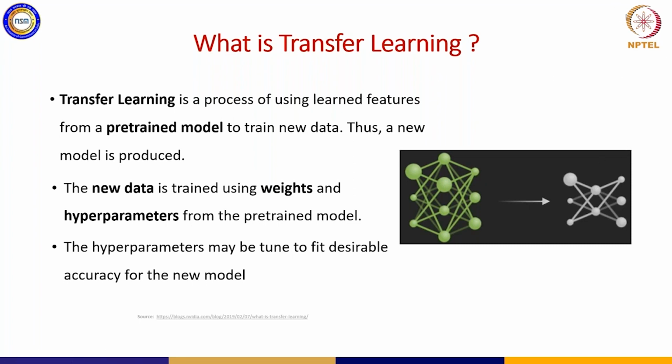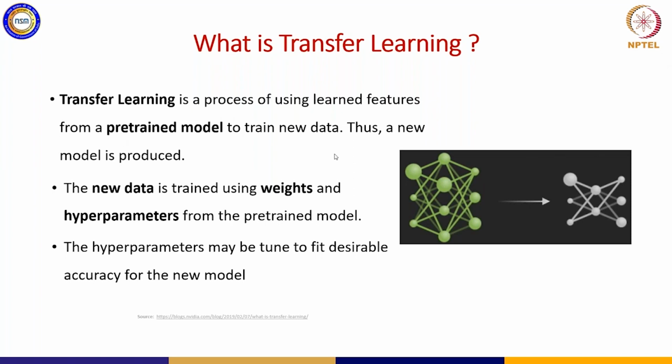Then, in order to get a good result or desirable accuracy, you also tune further the hyperparameters of the already trained model, which we refer to as a pre-trained model.